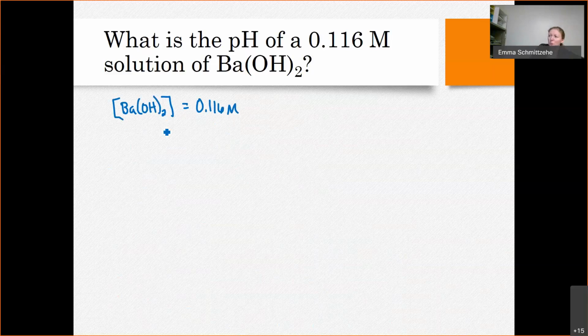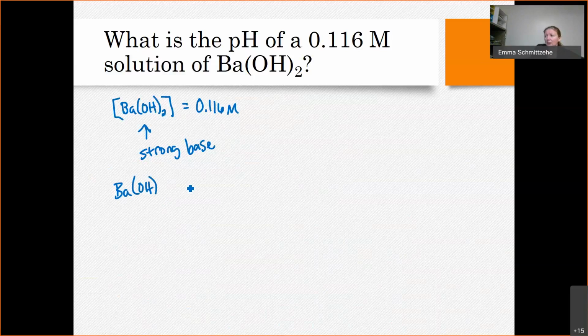What you need to realize is that is a strong base. Remember last time I gave you lists of strong acids and strong bases. You should utilize those lists, and if you have a substance that's on that list, then that means it ionizes completely.